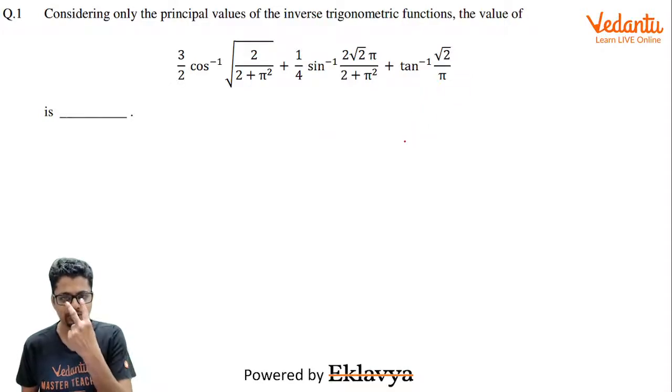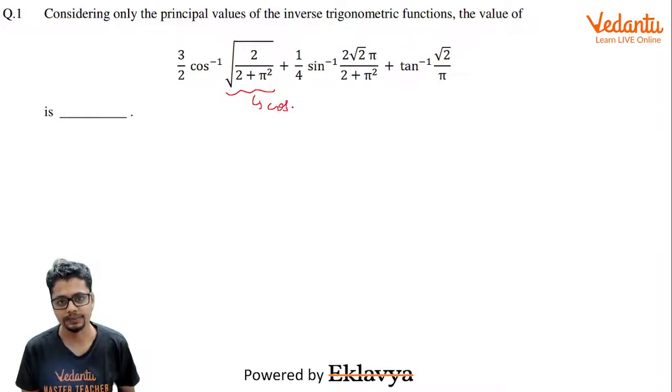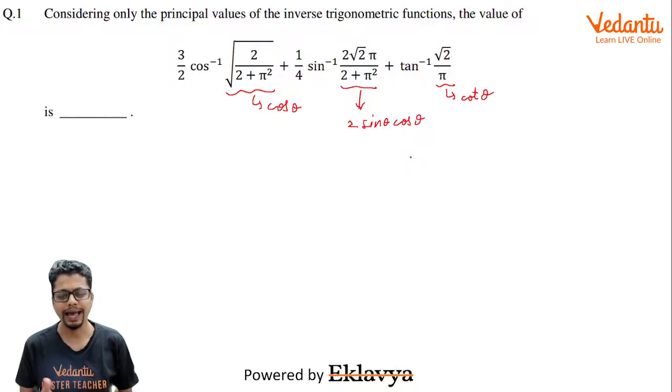Now if you see carefully, if you see this as, let's say, cos theta, so you see root 2 as base and root of 2 plus pi square as hypotenuse. So if you see carefully, this is essentially cot theta, and this essentially is 2 times sine theta cos theta, where theta is some angle in the first quadrant.